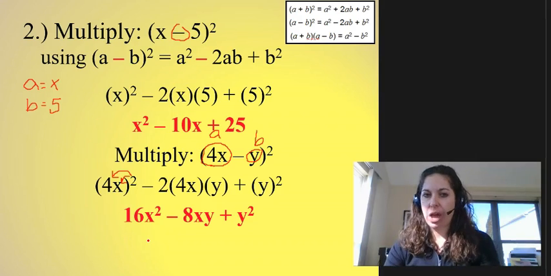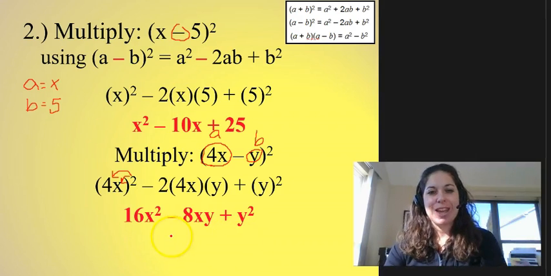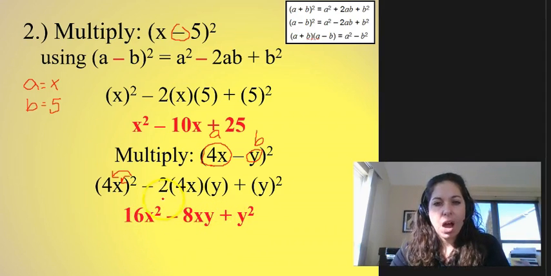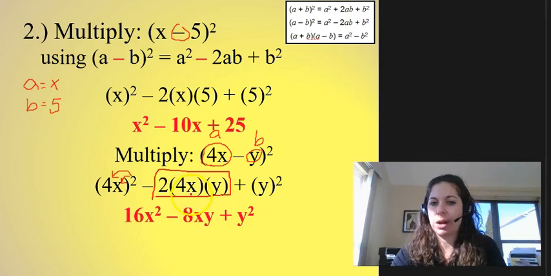So just be careful and don't forget your exponent rules. So this one would simplify to 16x squared minus 8xy plus y squared. And so the 8xy here, remember, just multiply your coefficients out in front, the 2 and the 4, and then just an x and a y.